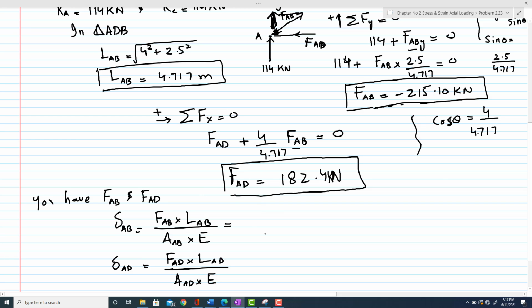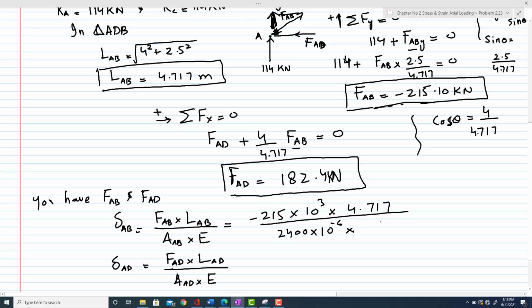This is equal to minus 215 into 10 raised to power 3, the length is 4.717, and the area of AB is 2400 millimeter square, that is 10 raised to power minus 6.